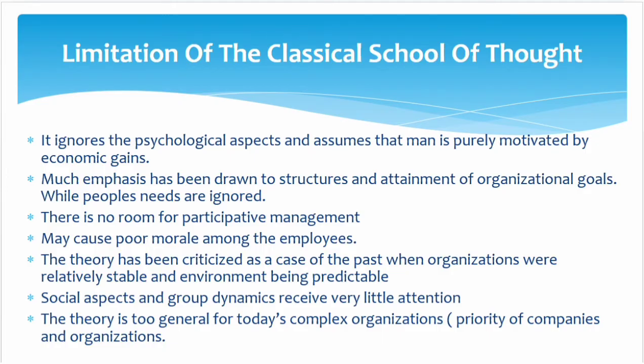So these are the disadvantages or limitations of the classical school of thought as a whole. When you consider Max Weber especially, you're able to see that some of these are disadvantages to his way of thought and what he contributed to the classical school of thought.